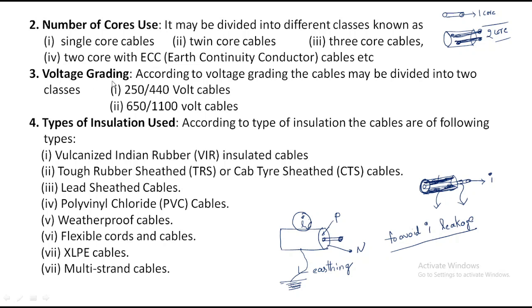Third point, voltage grading. Voltage grading means particular wires and cables have the capability for a particular voltage. Depending on that voltage, we divide them, so according to the voltage grading, cables may be divided into two classes.